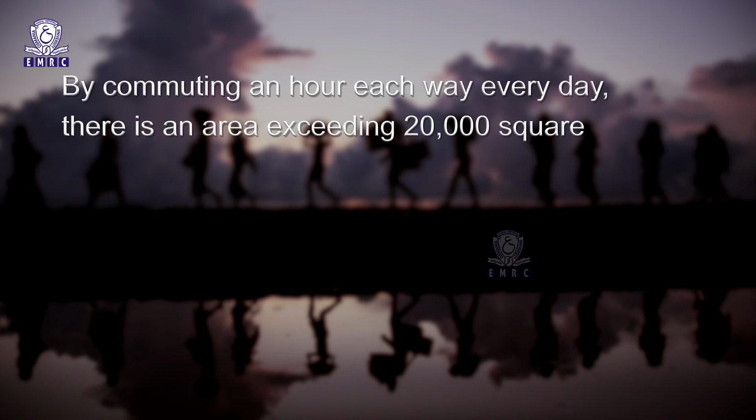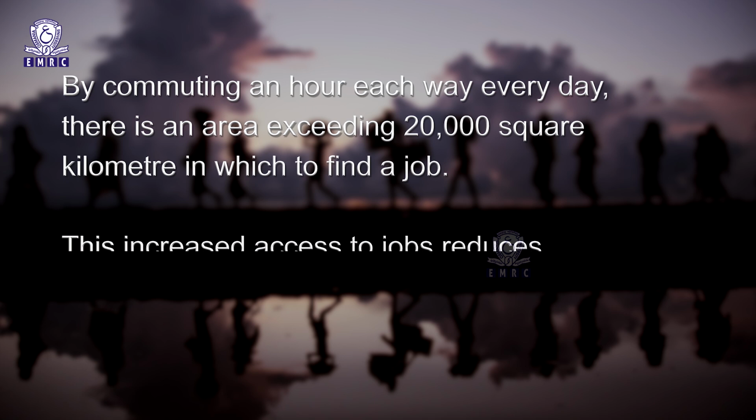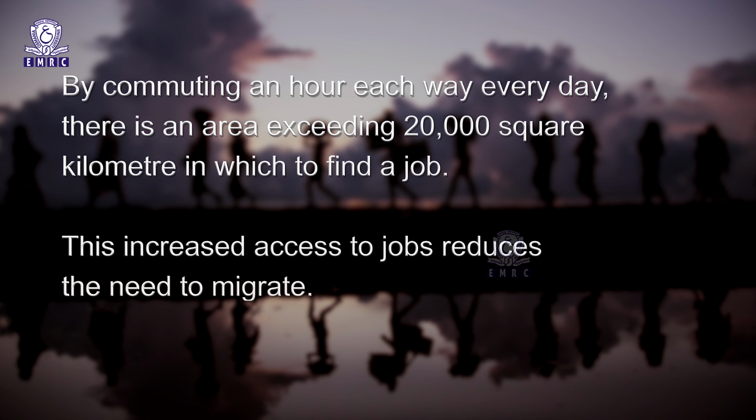As would be expected, circulation increased as the societies modernized. The development of the private automobile greatly widened the radius of daily travel. When circulation increased, migration became less imperative. For example, by commuting an hour each way every day, there is an area exceeding 20,000 square kilometers in which to find a job.